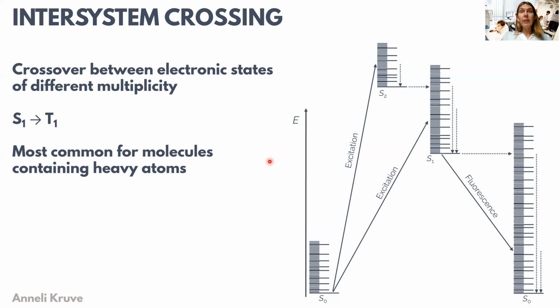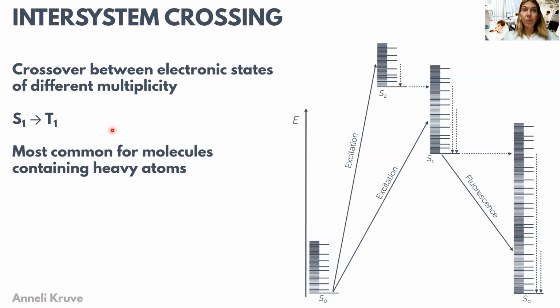What is also possible is that if there are, in addition to the singlet states, also excited triplet states, these are not depicted here on this energy diagram, but they exist. And if there are conditions that prolong the lifetimes sufficiently, then there is possibility that from the excited S1 state, so from the singlet state, there is a transition also to the triplet state, T1.